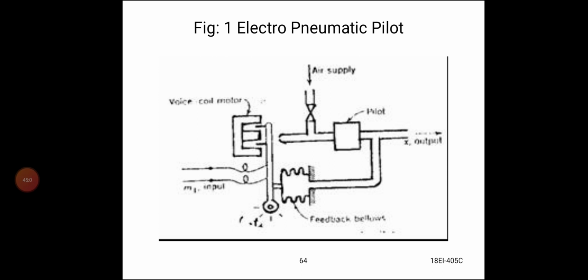If we apply a 4 milliamp signal, we get 3 psi from this electro-pneumatic pilot. If we apply 20 milliamps to the voice coil motor, the flapper totally closes the air escape, and we get the maximum of 15 psi from this electro-pneumatic pilot system.